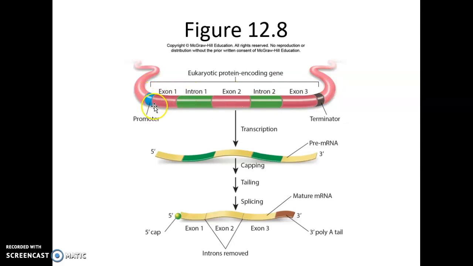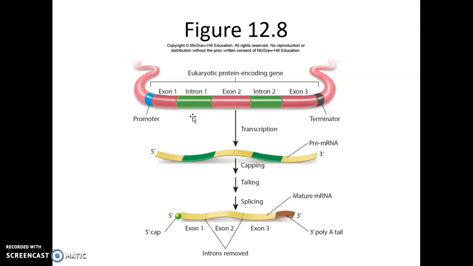One is, you notice in our gene area here, we have exons and introns. Introns are transcribed, but eventually we take them out. So the green intronic areas here are removed. Bacterial cells do not have introns, so therefore they don't need to remove introns.